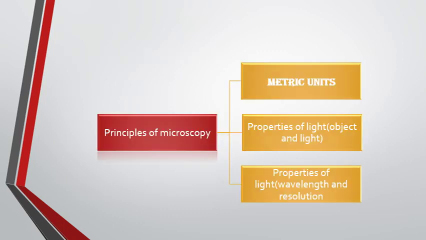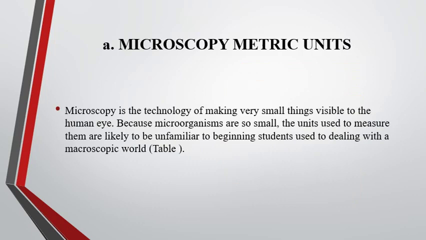Now we discuss the principles of microscopy on the basis of which we operate a microscope. First of all, we discuss metric units. We already covered them earlier, but I'll give you a briefing regarding metric units. After that, we observe the properties of light, with reference to wavelength and resolution. First we have the microscopic units.